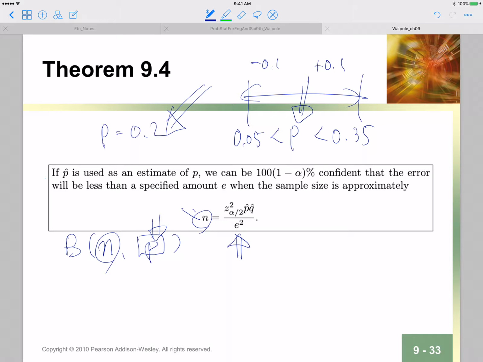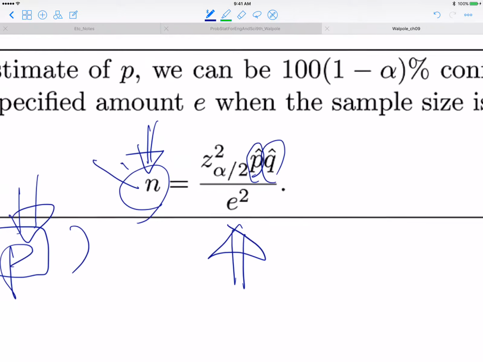So let's look at this equation. The tricky part is that in order to determine this n, you have to know these p and q values, right? In the case of a Gaussian random variable, we compute the interval estimate for the true mean value mu, and the required number of samples is not dependent on the true parameter mu.